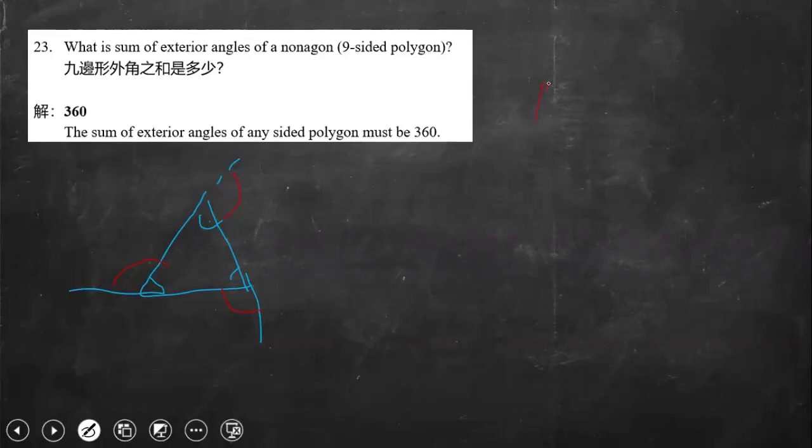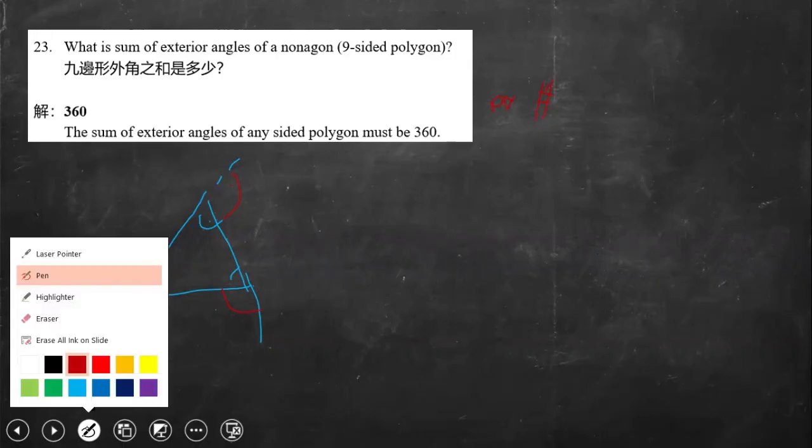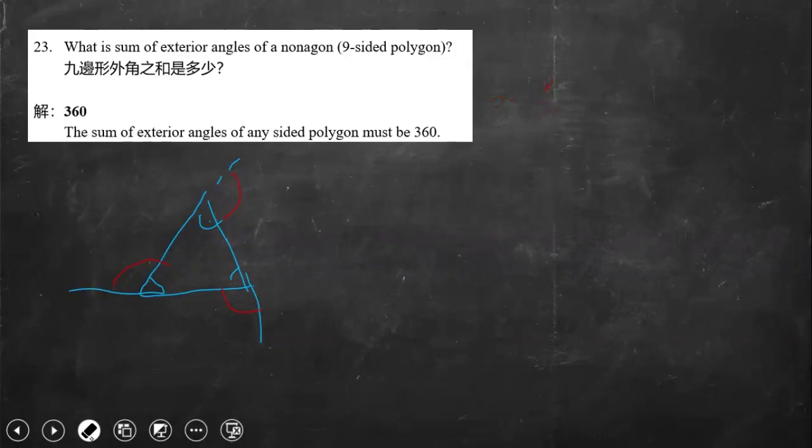So exterior angles, here, equal to 360 over n. The one interior angle here. One exterior angle, okay? So knowing that, you divide it by the size of any polygon.